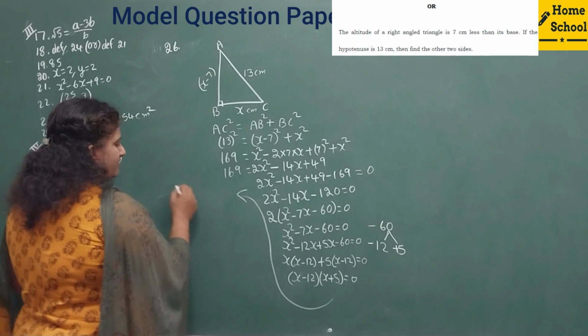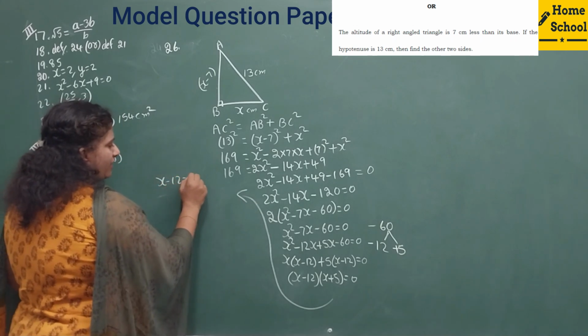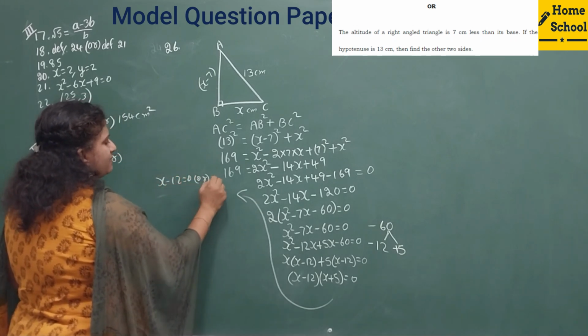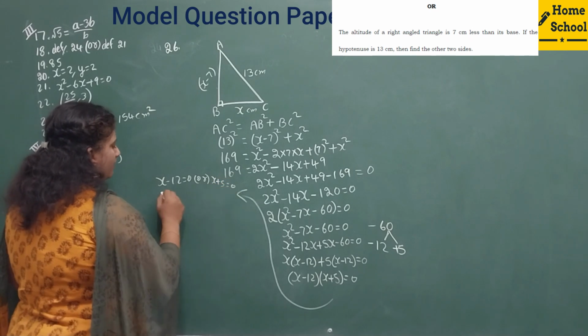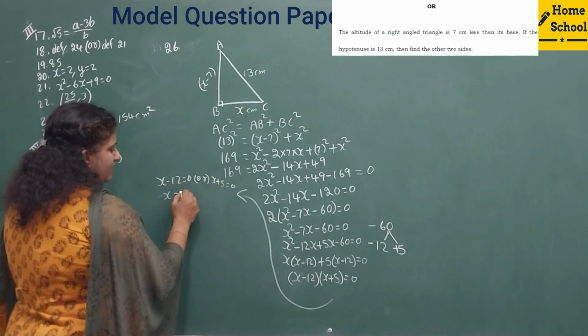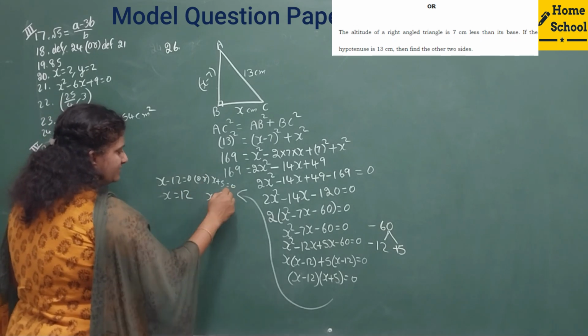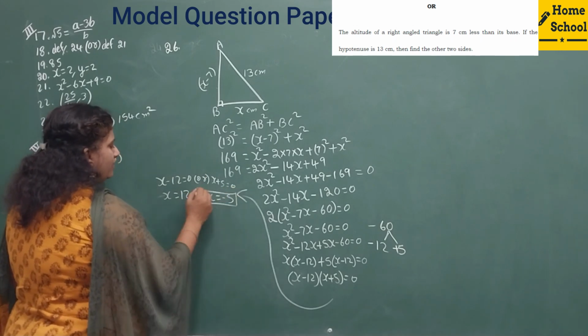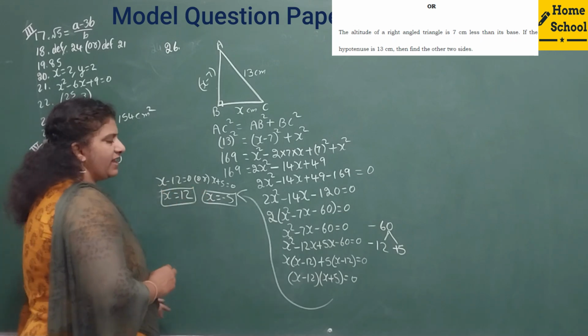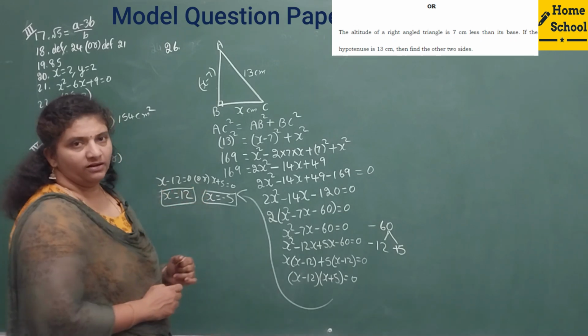So x minus 12 equal to 0 or x plus 5 equal to 0. Minus 12, if transposed to the other side, will be plus 12, and plus 5 will be minus 5. Therefore, x value is minus 5 and plus 12.